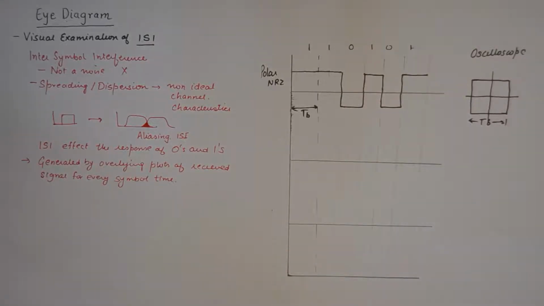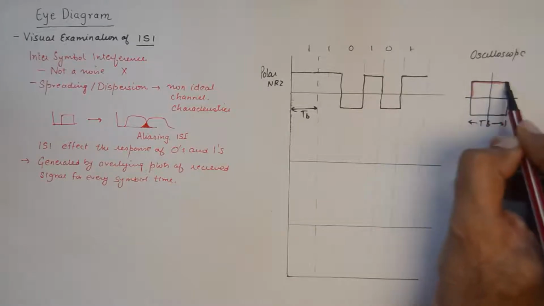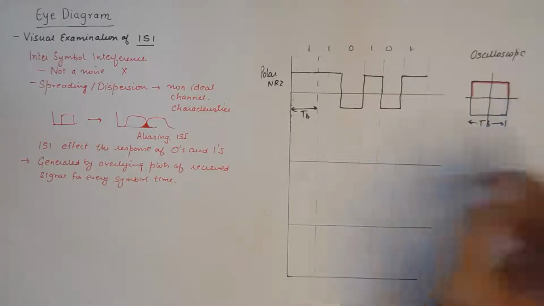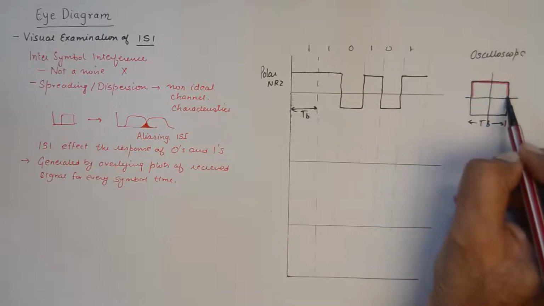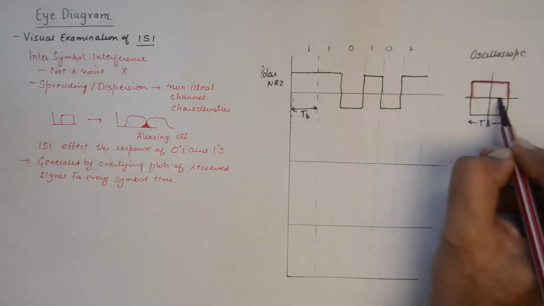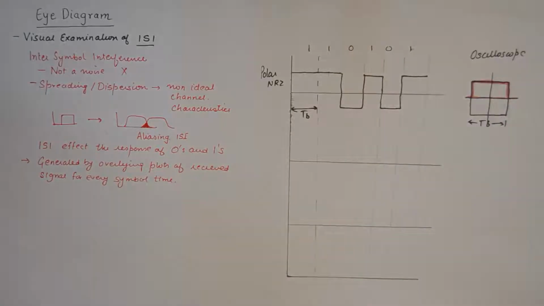Now when a 1 is received, it is plotted something like this. On the entire TB, it is plotted on the upper side of this reference line, which is known as the zero crossing.